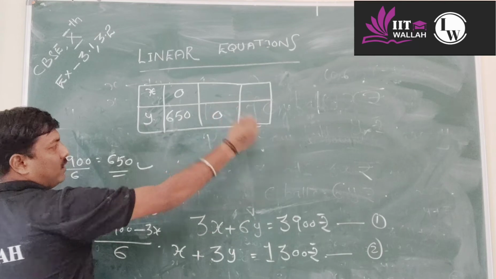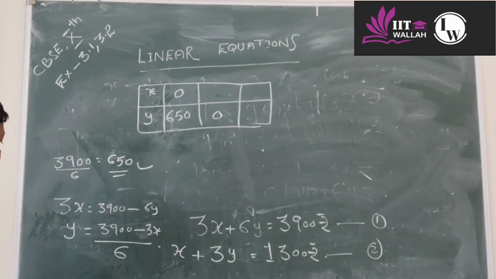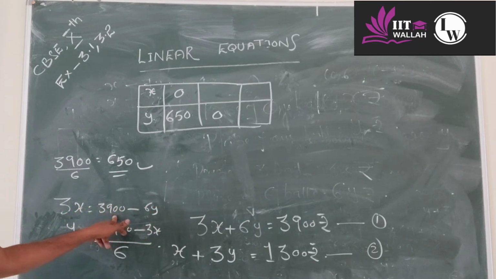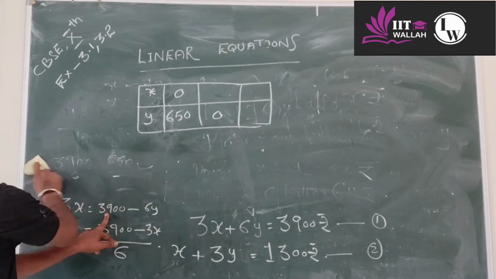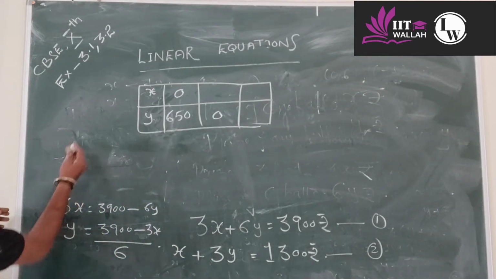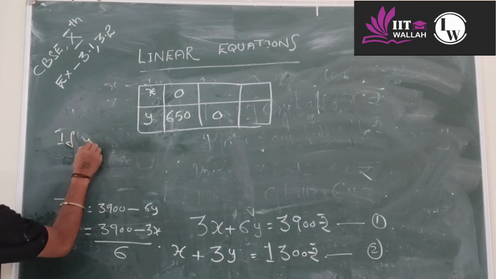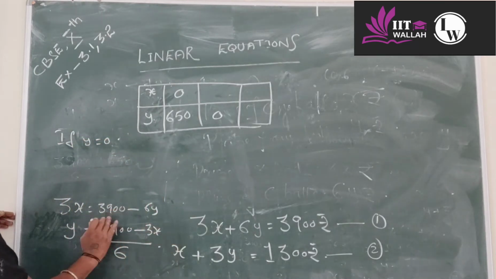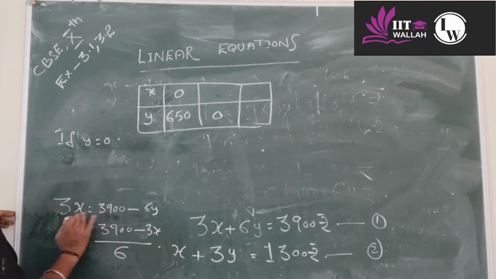Now you take y equal to 0. If y is equal to 0, this will become 0, so 3900 is equal to 3x.